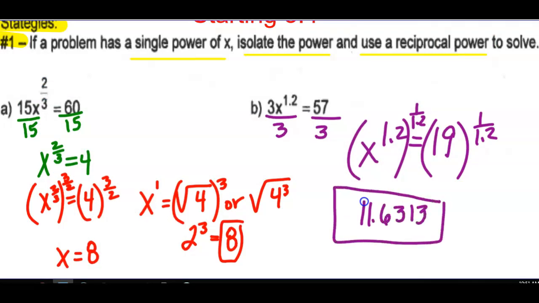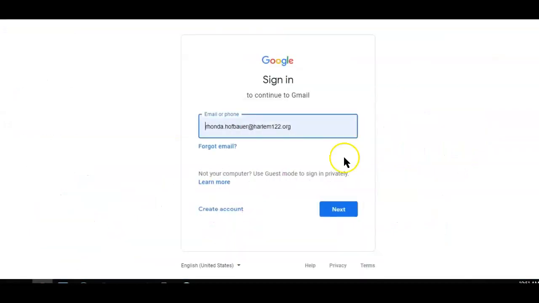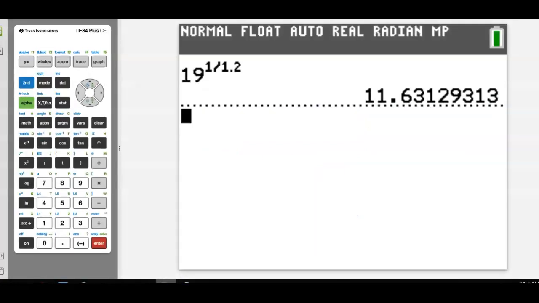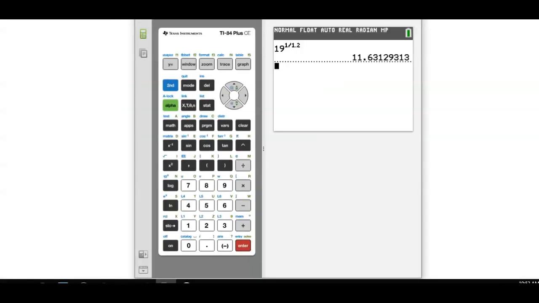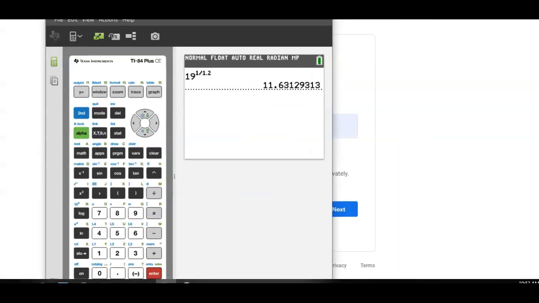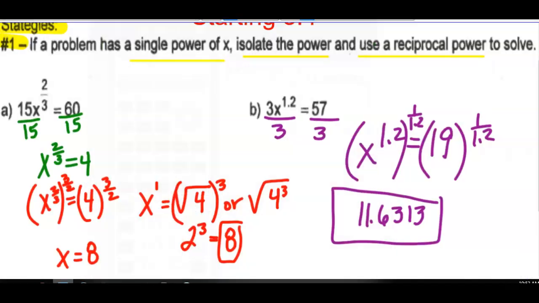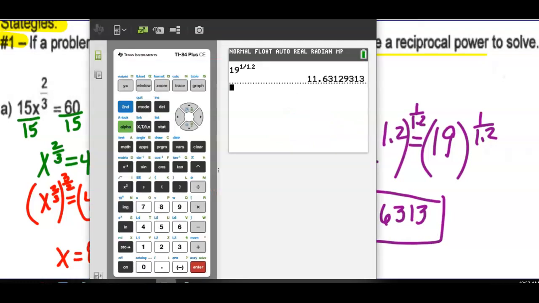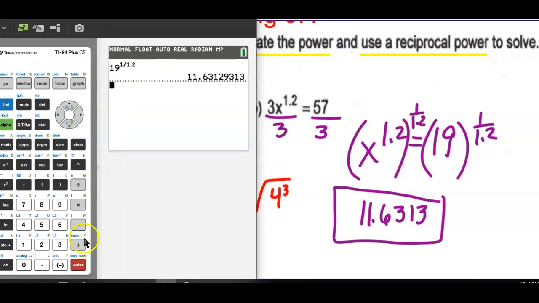And I want to show you why we round so long. If I just rounded that to 11.6, okay, and I put it back into the original question. The original question was 3 times 11.6 to the 1.2.